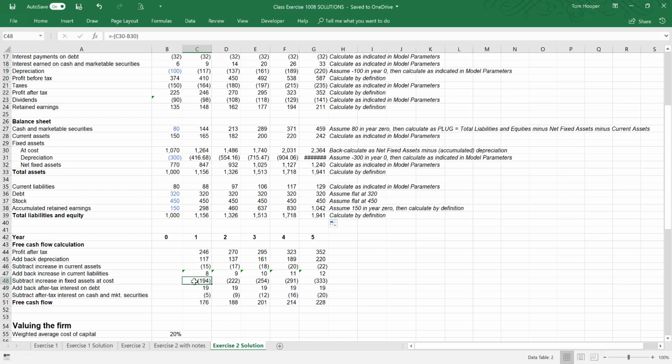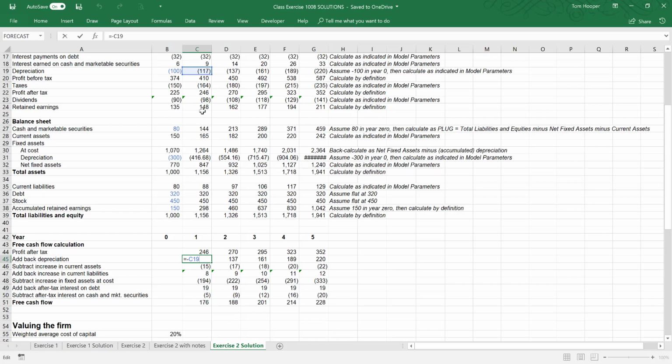What we're saying happened to the firm here is that the fixed assets at cost went from 1070 to 1264, and so that implies that the firm invested that much money in, let's say, PP&E, and so that was actually a use of cash, so we need to show it as a negative down here. At the same time, we're backing out the depreciation, which was the earnings version of that investment in PP&E.